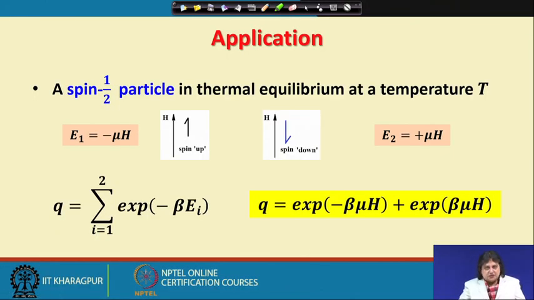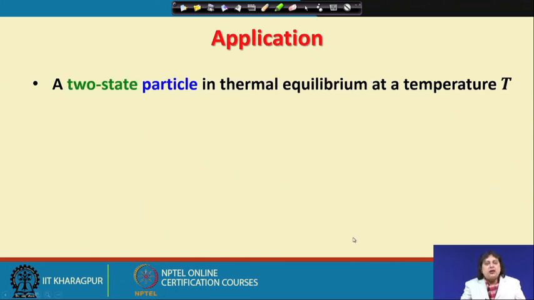So, this is actually trivial, I would say, and this can be extended very easily to the general scenario of a two-state particle, where instead of having minus mu h and plus mu h, I would say that my system is comprised of a single particle for which the energy state diagram from the solution of the Schrodinger equation is like this.